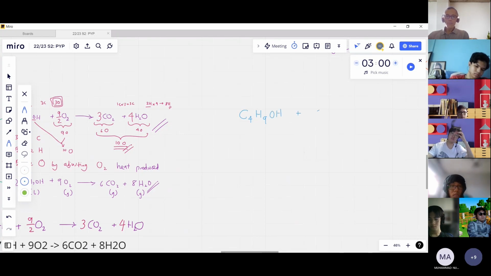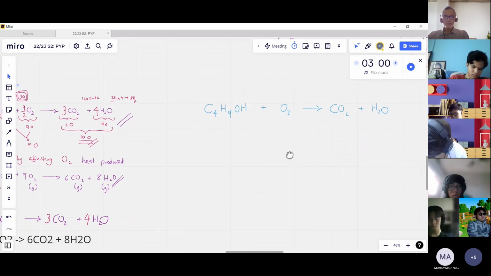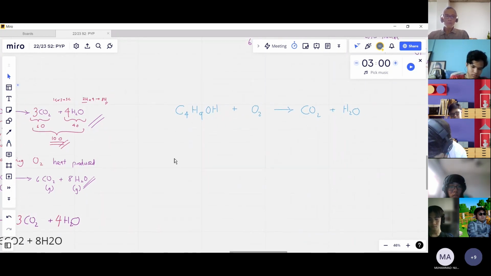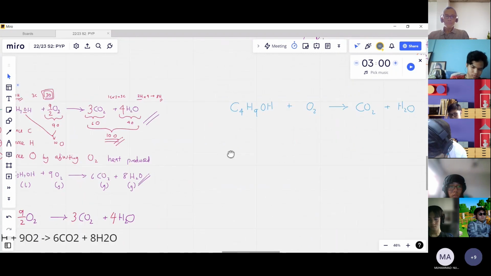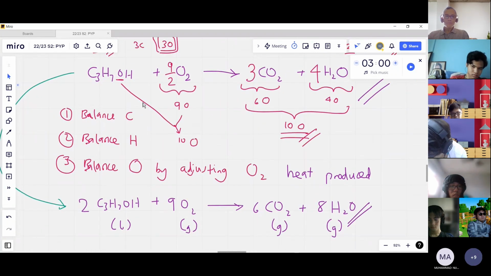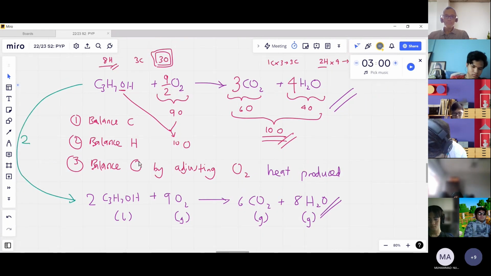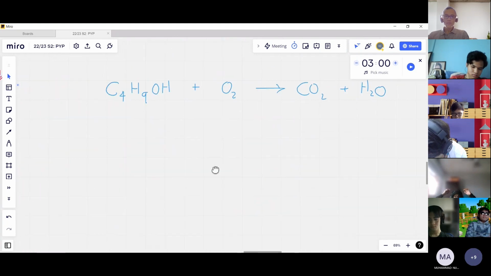You need oxygen for combustion as always. And when you combust alcohol, you always get CO2 and water. Okay, guys, I want you to work this out. Balance this combustion for butanol and try to follow this: balance your carbon, followed by hydrogen, lastly oxygen. Can you work on this?